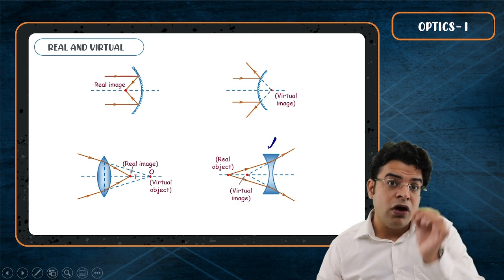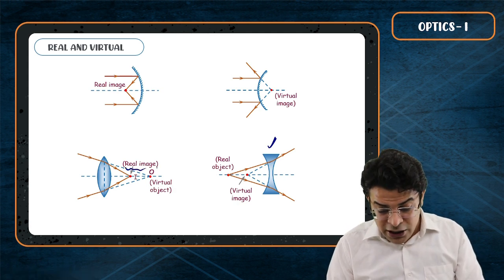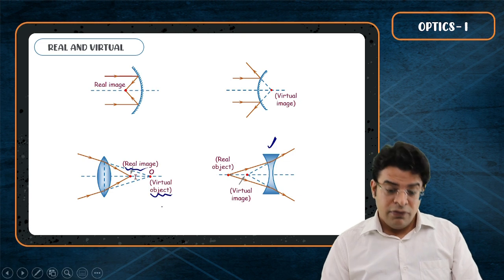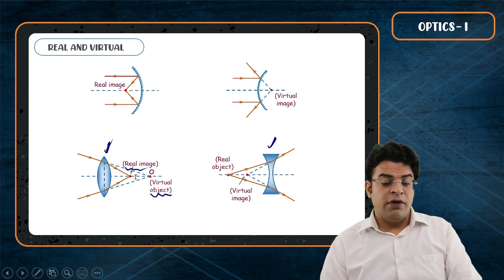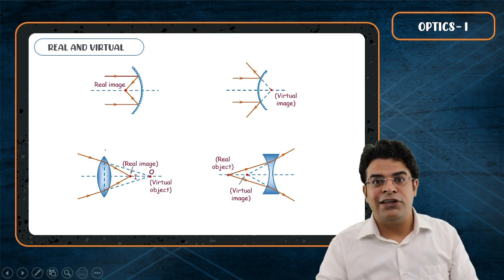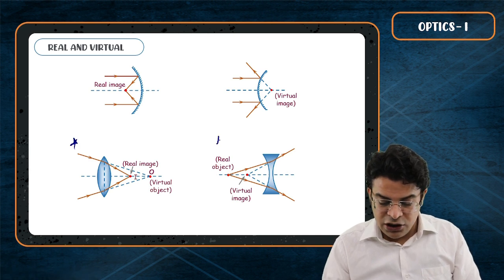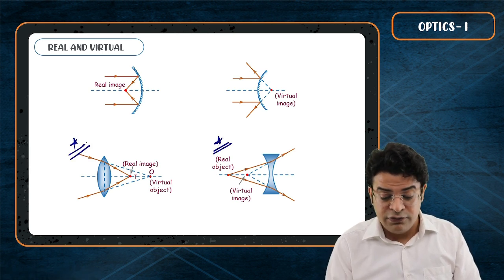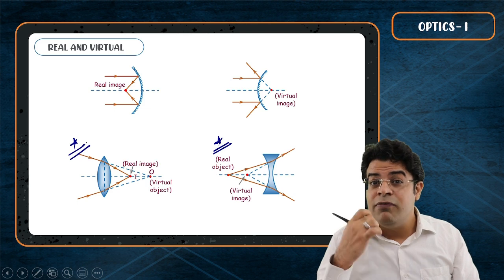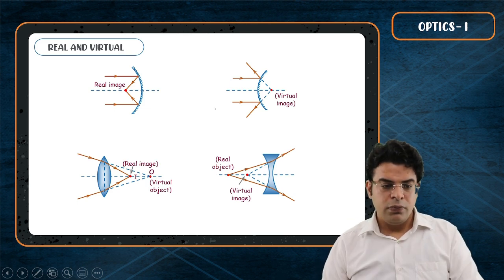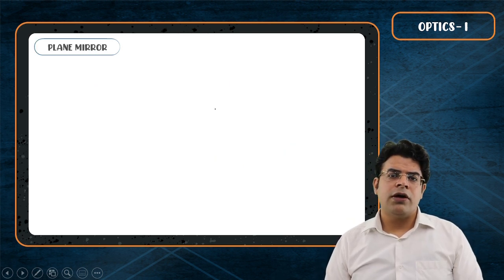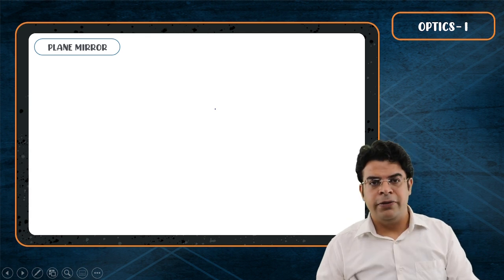And you will always get a real image of a virtual object when you place this virtual object in front of a converging lens. So here you have learned two important concepts which, if you use the equation to solve, will be difficult to explain. So now we will talk about the image formed by a plane mirror.